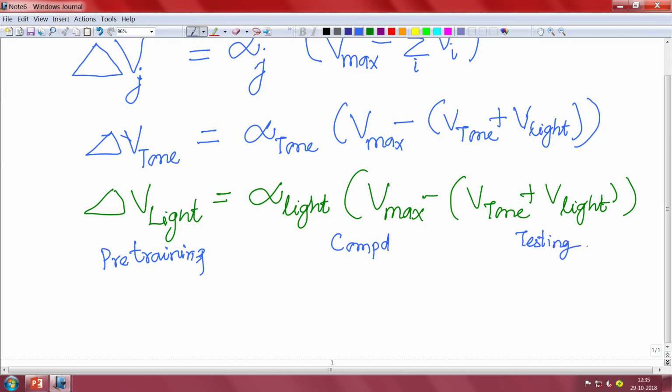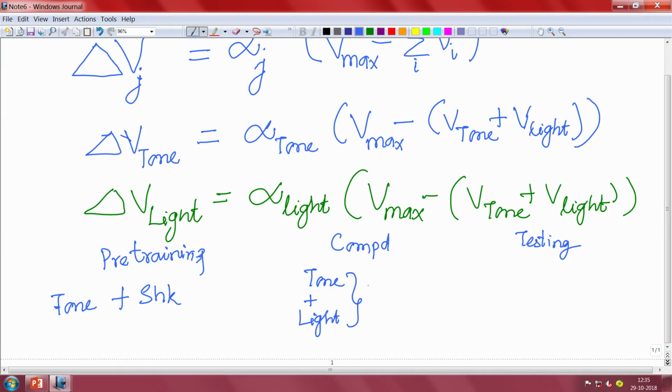The two phases that I was talking about are the training, pre-training and compound. Apart from that, he is also using the testing. During the pre-training, what is he doing? He is giving tone plus shock. In the compound, he is doing tone along with light.